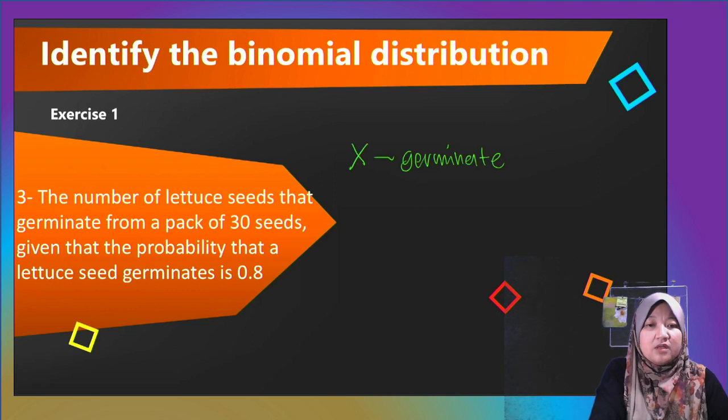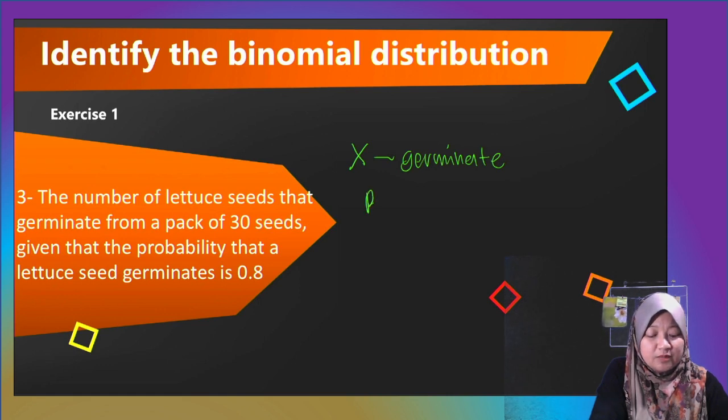Okay, maksudnya ada probability bahawa seed ni akan bercambah, germinate. Maksudnya ada dua kemungkinan, bercambah atau tidak bercambah. Maksudnya ada success event dan juga failure event. So ada dua kemungkinan, two possible outcome.